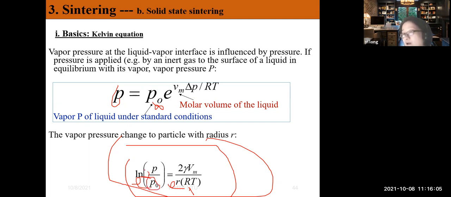Gamma is constant, V is constant, R is constant, and T can be changed. Is it simple? Everything else is constant, so you just put the values in. It's only related to R.